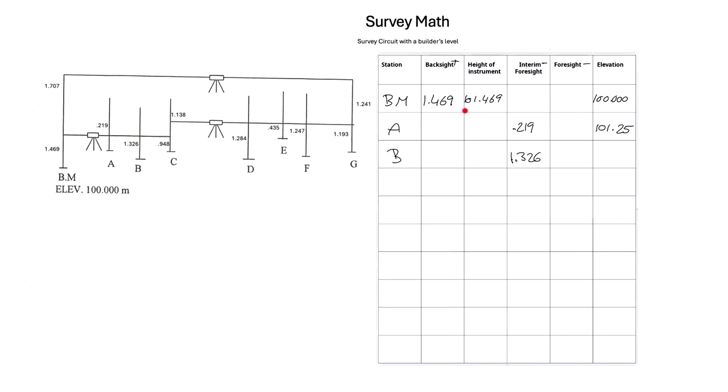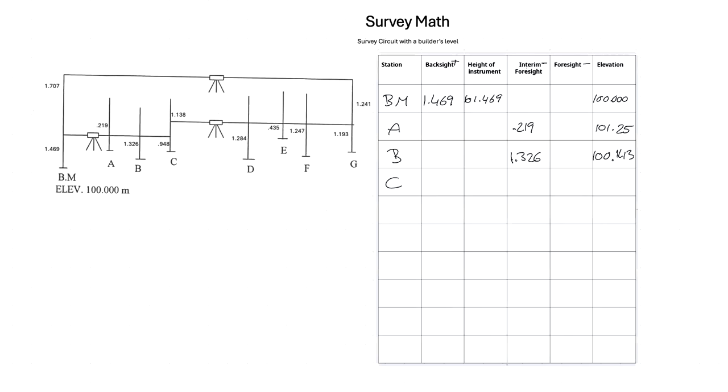So let's figure out our elevation. So height of instrument, 101.469 minus our reading, 1.326, gets us 100.143. Wonderful. Now we can look forward to C.